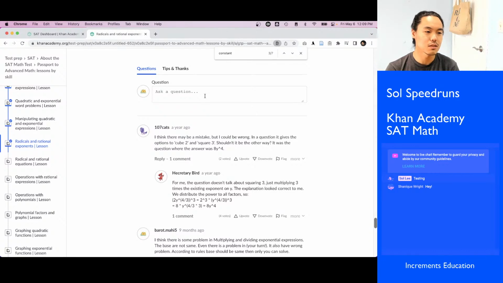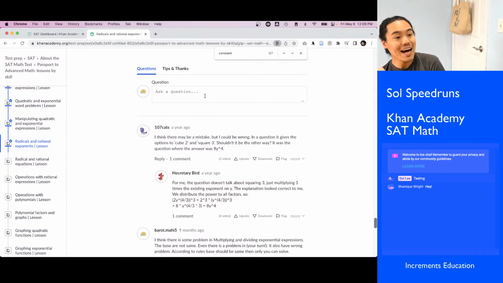That's the basic way I do it. 2 squared times 2 cubed reminds me that I'm supposed to add the exponents, 2 plus 3. The way to do it is by actually calculating: 2 squared is 4, 2 cubed is 8, 4 times 8 is 32, but that's 2 to the 5th power, so that means you're supposed to add.